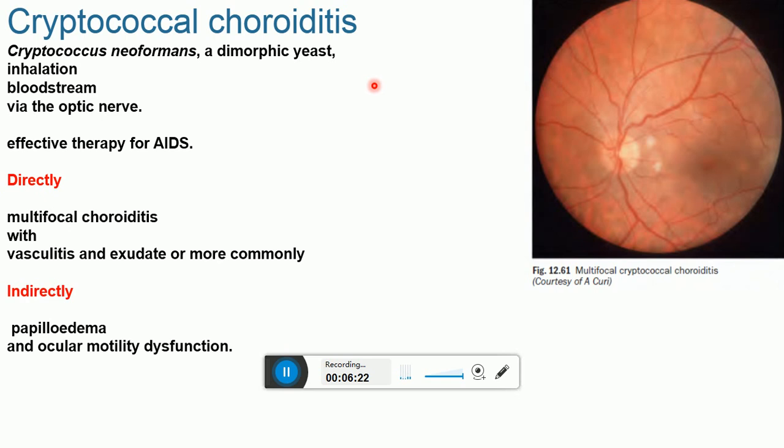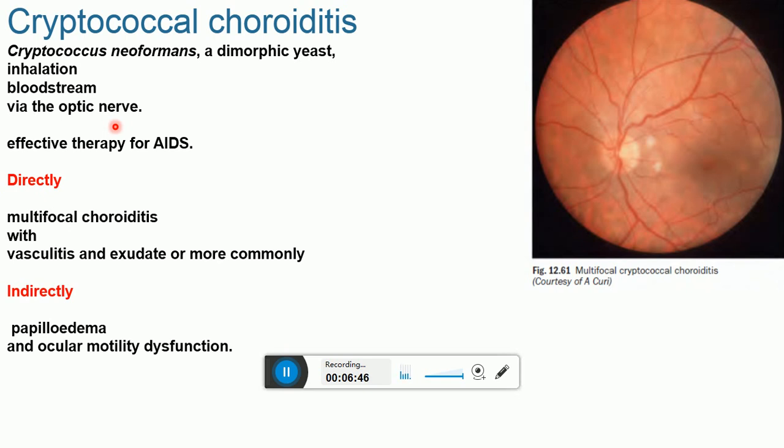Cryptococcal choroiditis. Cryptococcus neoformans is a dimorphic yeast that enters the body through inhalation and can spread to the eye in the bloodstream or from the CNS via the optic nerve. As with pneumocystosis, cryptococcosis was formerly responsible for much morbidity.